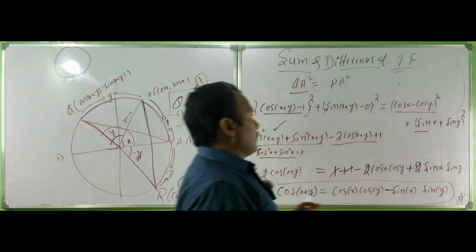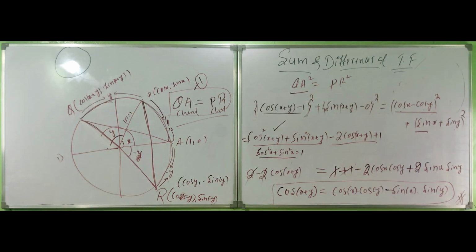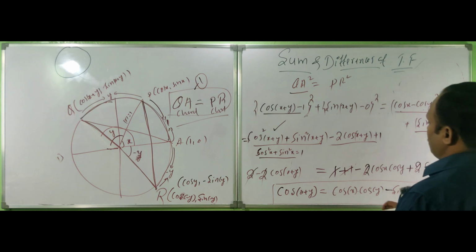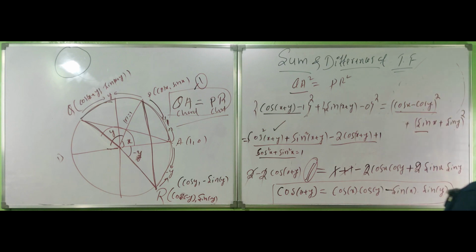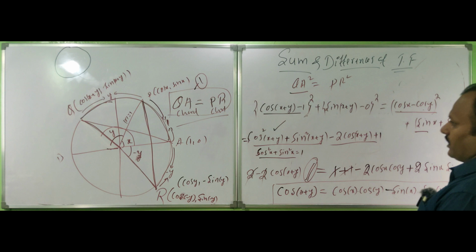Okay students, let's derive the remaining formulas by taking this as the base reference. Cos(x plus y) is equal to cos x cos y minus sin x into sin y.